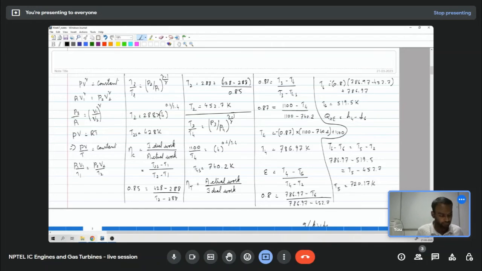Okay, fine, this is right. That means the enthalpy change for the ideal case is more than the actual case.